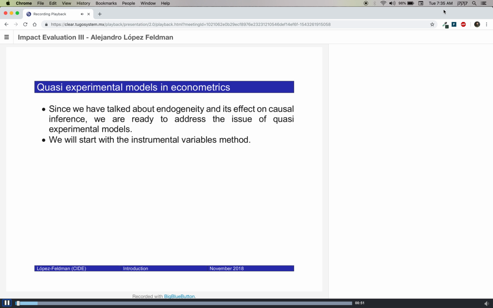The method that we're going to talk about in this presentation is the instrumental variables method, and this is a widely used method. It has some difficulties regarding the intuition. So I would like to explain the intuition regarding this method, and for this, I am going to use some examples, some visual media to try to clarify what I am trying to explain.